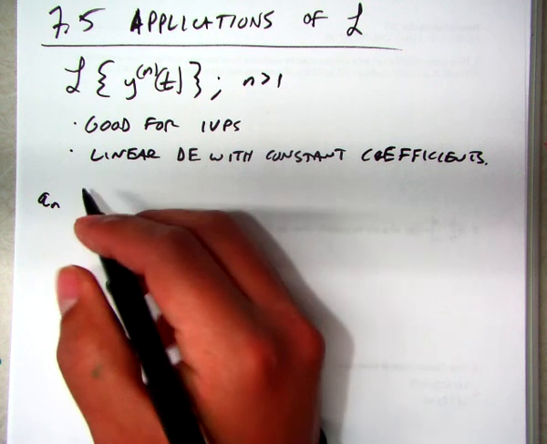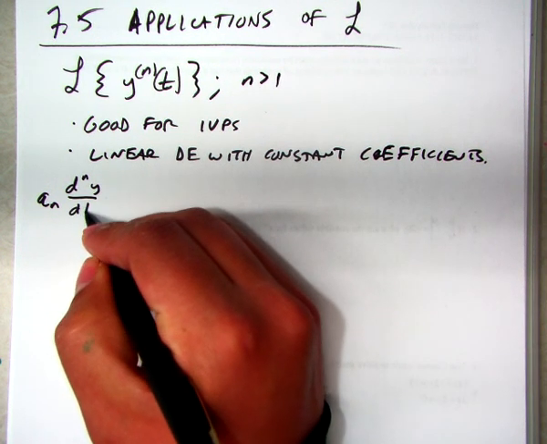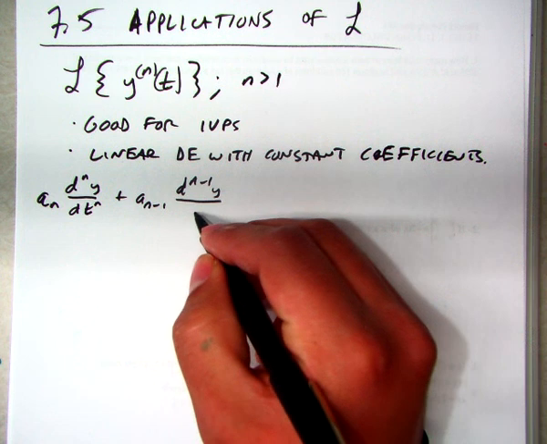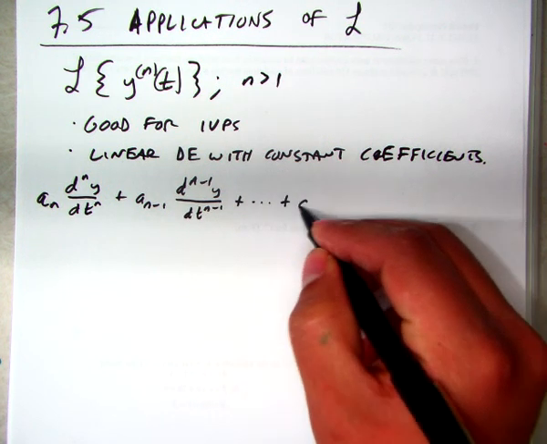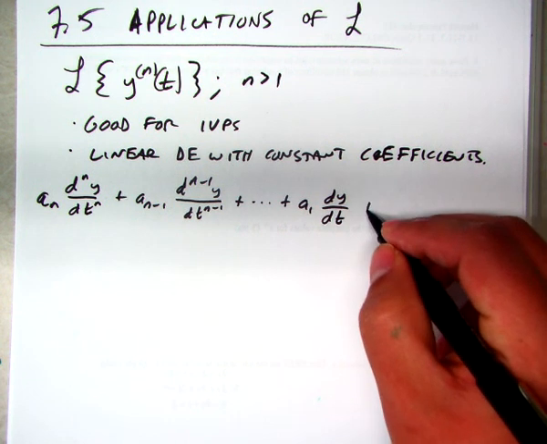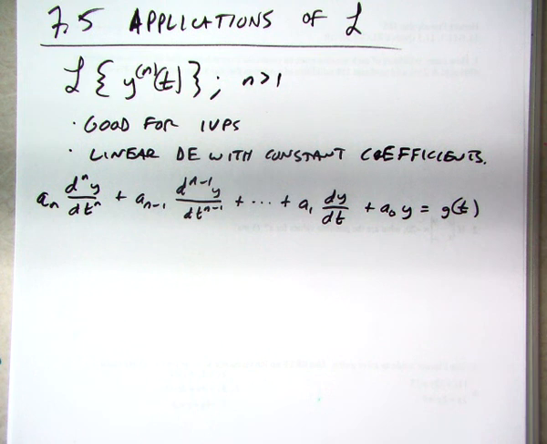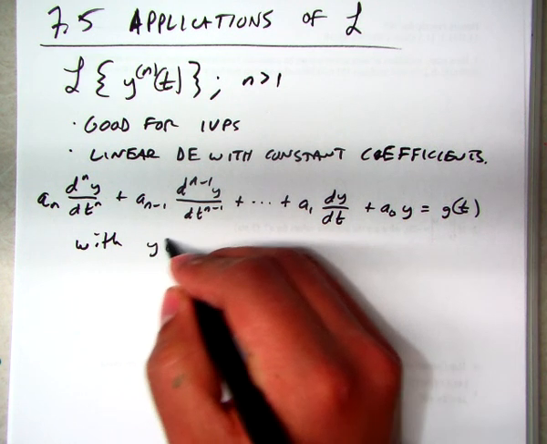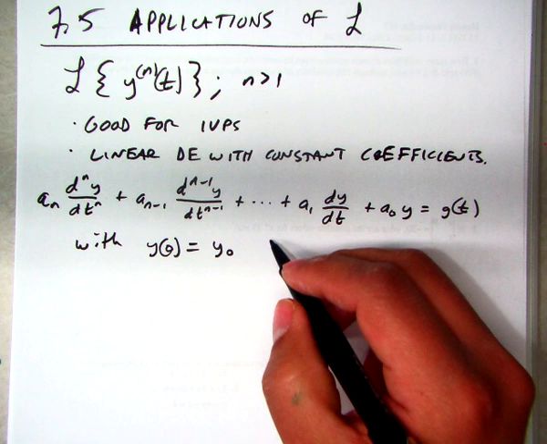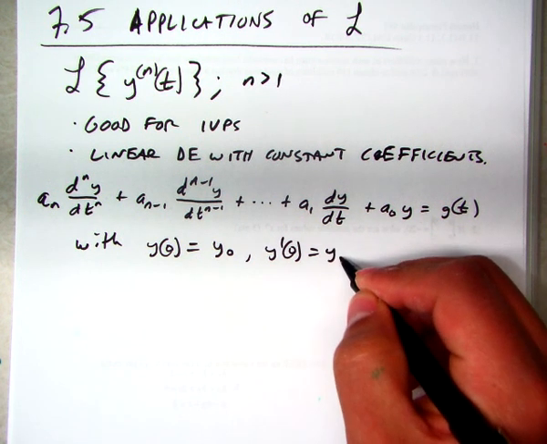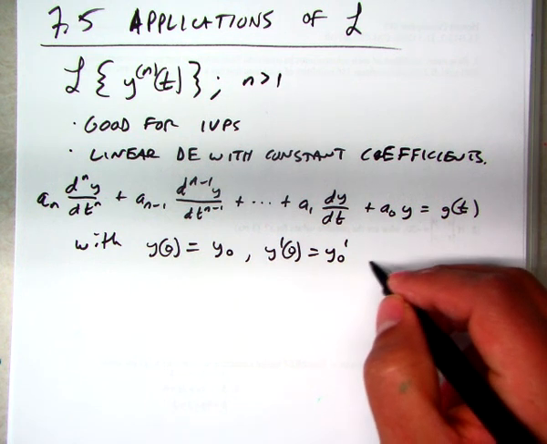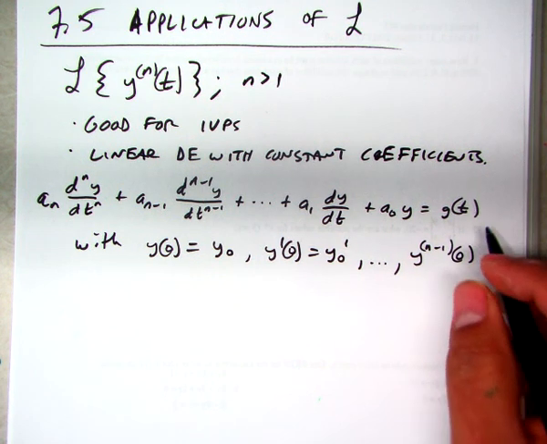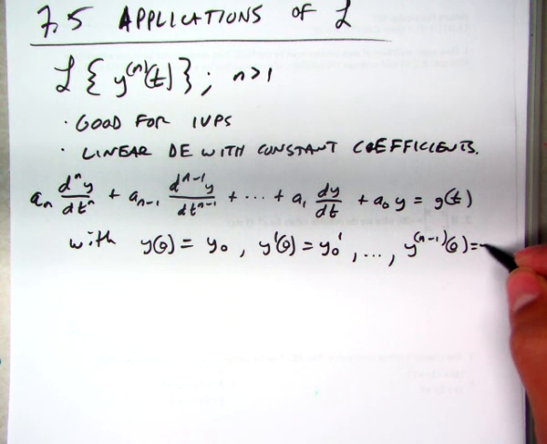Let's say we have a run-of-the-mill nth order differential equation, and we also have some initial conditions. y of 0 is y naught, y prime of 0 is, we'll call it y naught prime, and so on, all the way down to the (n minus 1)th derivative initially equaling, let's call it y naught to the n minus 1.